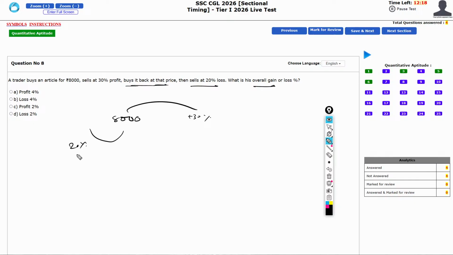And then 20% loss. Not getting it. Buys it back at that price and sells at 20% loss. So 1,600 loss, or this price. So 100, 130, 20% means 26. So 4% profit.